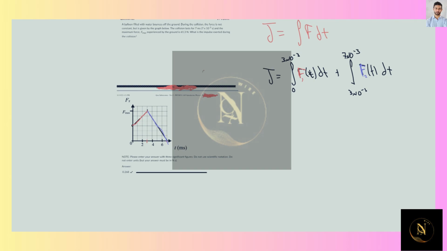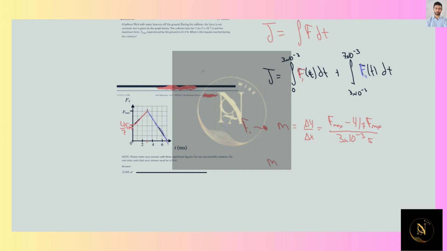So first of all, to find the function of force 1, we want to calculate the slope. The slope for this straight line is equal to delta y over delta x. In this case, it would be max force minus 4/7 of the max force, divided by delta x, which is 3 times 10 to the minus 3.